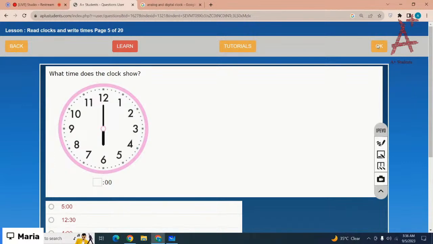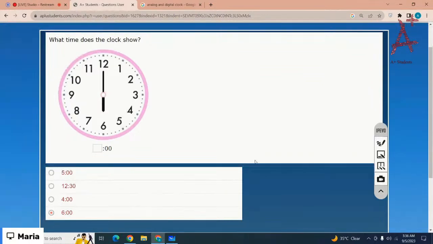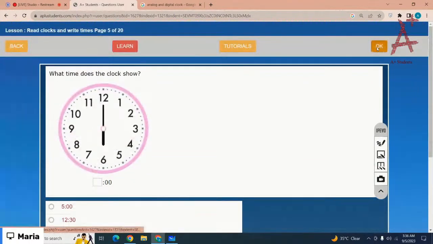What time does the clock show? Which is the correct option? The hour hand points to 6, so it is 6 hours and 0 minutes. Option number 4 is the correct option.